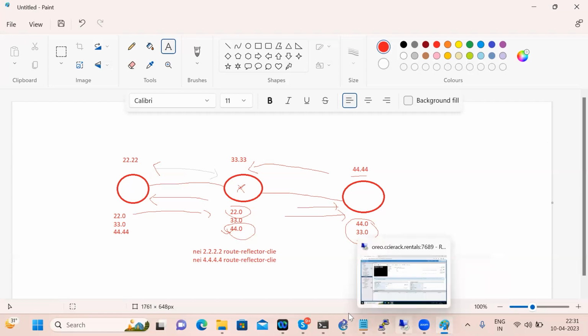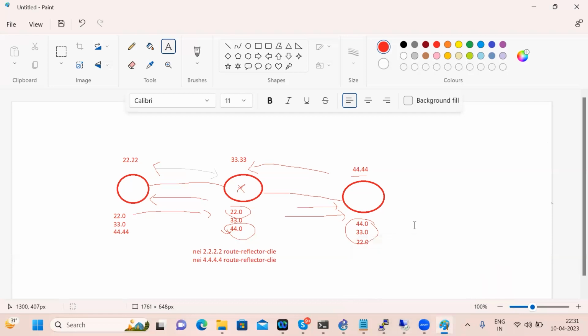Okay, so I think it's clear now. Initially, you see, in this you move the R1. I think what I was trying to refer to, you've explained it now. That's the directly connected networks here. Over here we have the 22.0, 33.0, 44.0.